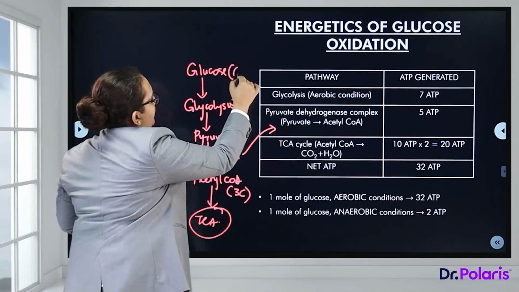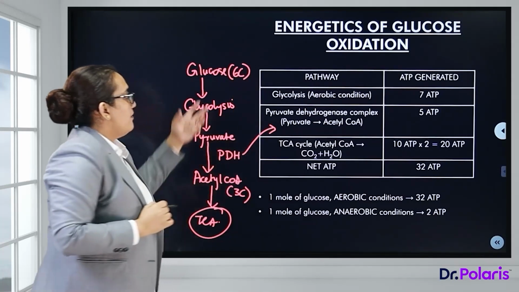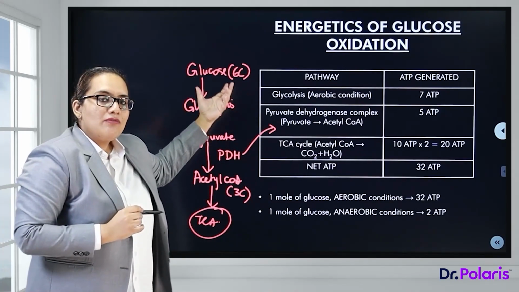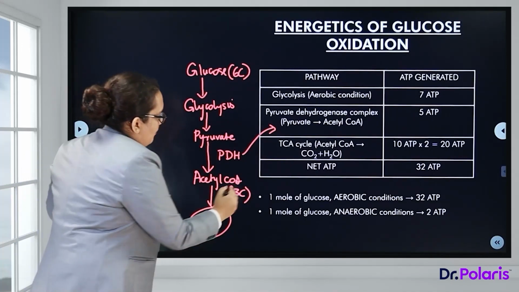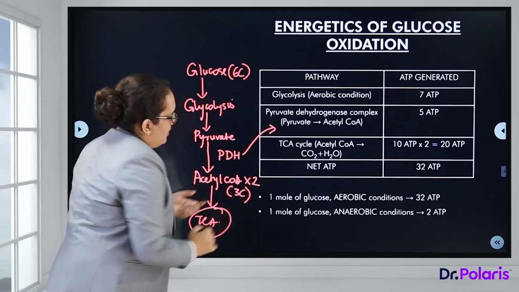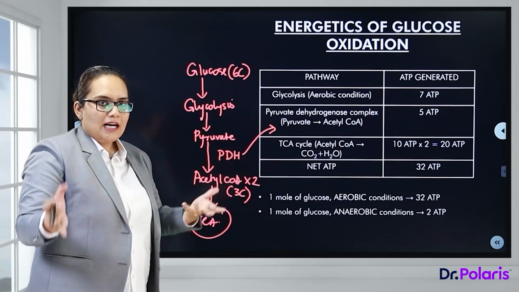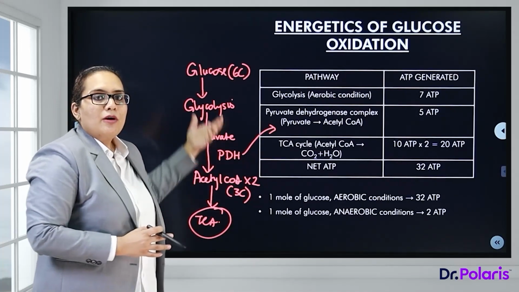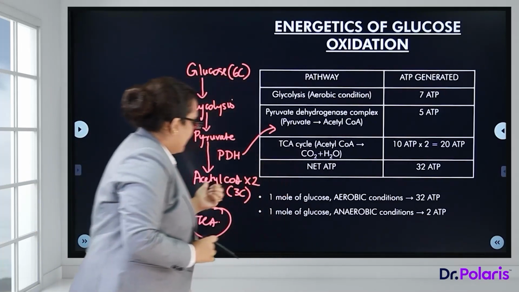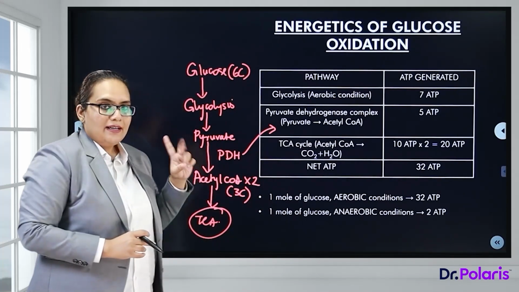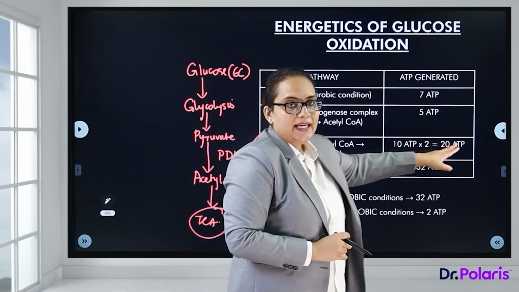Glucose is a 6-carbon containing compound. Therefore, on complete oxidation of glucose, you get 2 molecules of acetyl-CoA. So acetyl-CoA plus acetyl-CoA is the product formed at the end of oxidation of glucose, which is why it is said that acetyl-CoA goes into the TCA cycle twice. So you get 20 ATP.